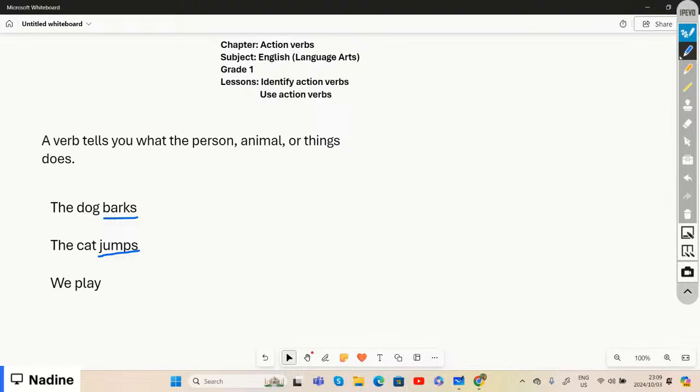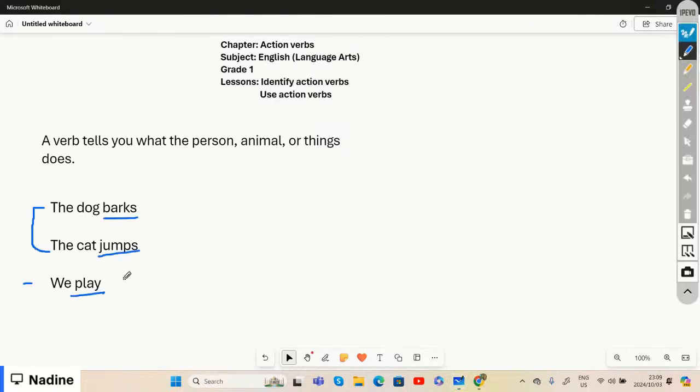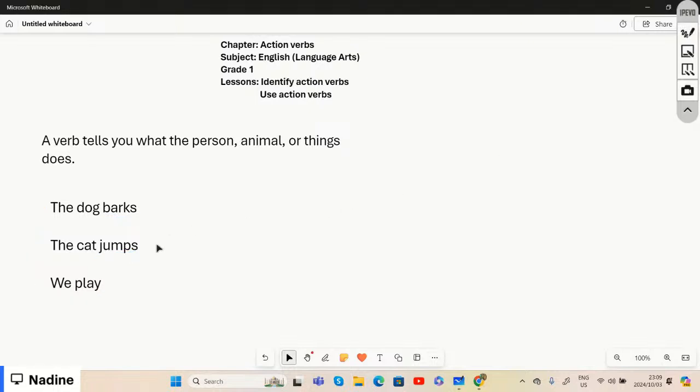We play. So which means that this word play is our action verb. So this is what an animal does. This is what people or a person does. And if we maybe look at something that a thing does, maybe we can say also the thing.